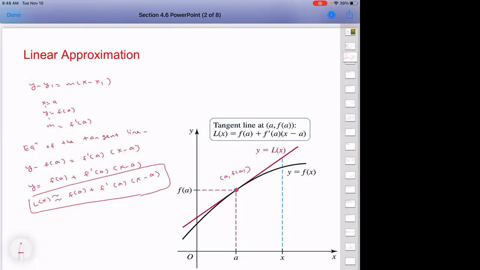So this f of a plus, yes, it came from the equation of the tangent line. But what that means also is that near that point a comma f of a, or if you call this point P, it is not just the equation of the tangent line, but it is also the approximation of the function at that point P. And this intuition is very important for you.